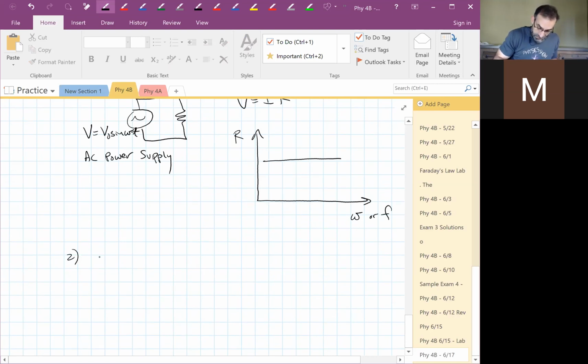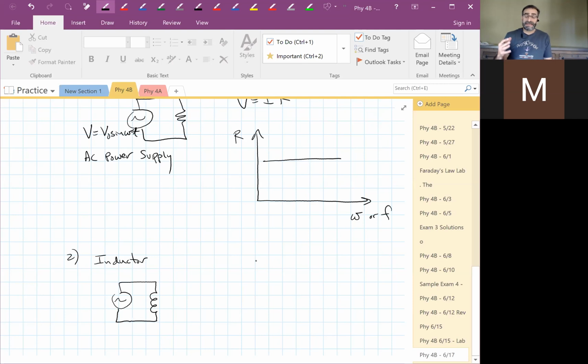An inductor in our AC circuit, it also, what's the word I'm looking for, impedes the flow of electrons in a circuit. But the mechanism is very different.